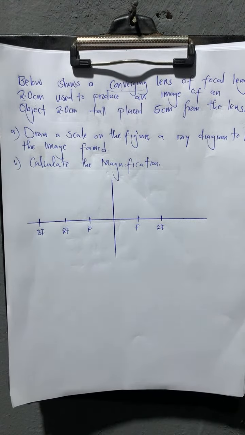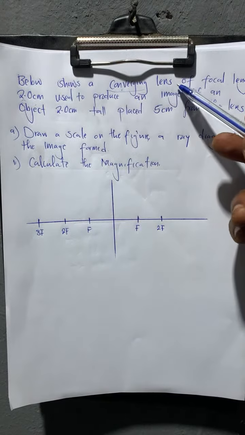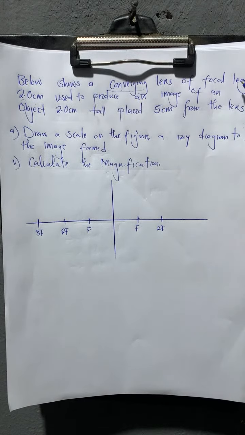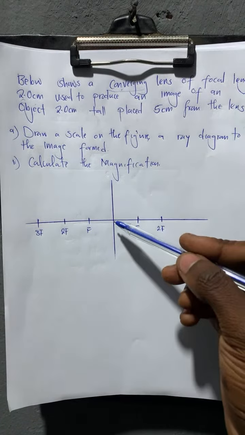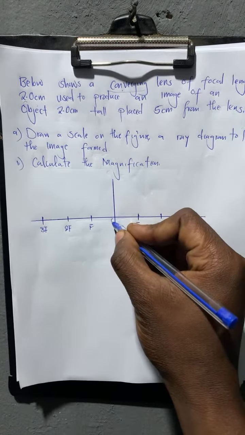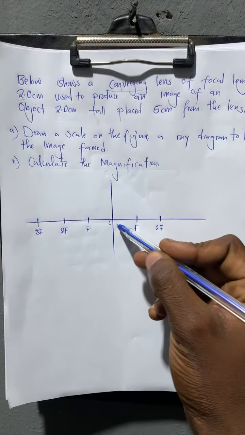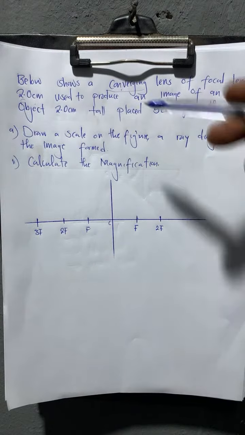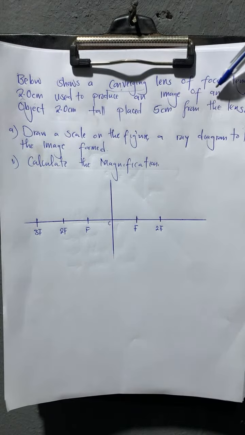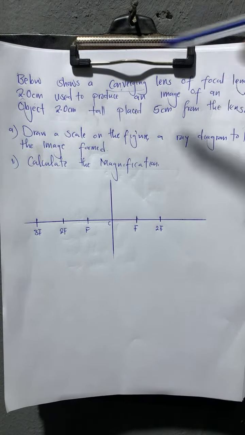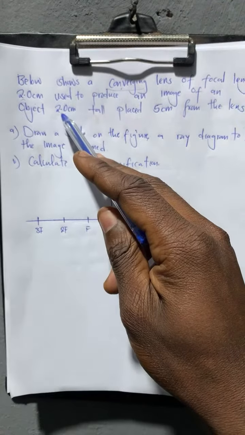Then you say below shows a converging lens of focal length. So meaning from the center to the focal point is called the focal length, which must be 2 centimeters. This is 2 centimeters. To produce an image of an object, what's the object? 2.